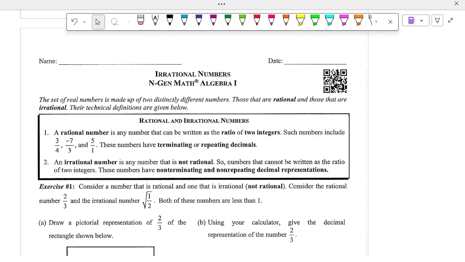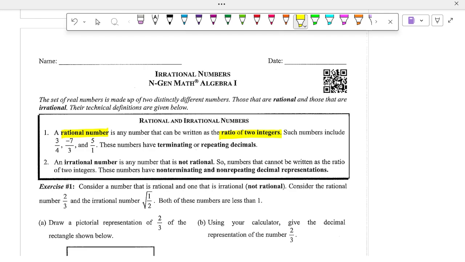So pi is not the only irrational number out there. There are plenty of irrational numbers, and most of the time, those irrational numbers come from square roots or any type of radical, really. So, difference between rational and irrational. A rational number means that it can be written as a ratio of two integers.